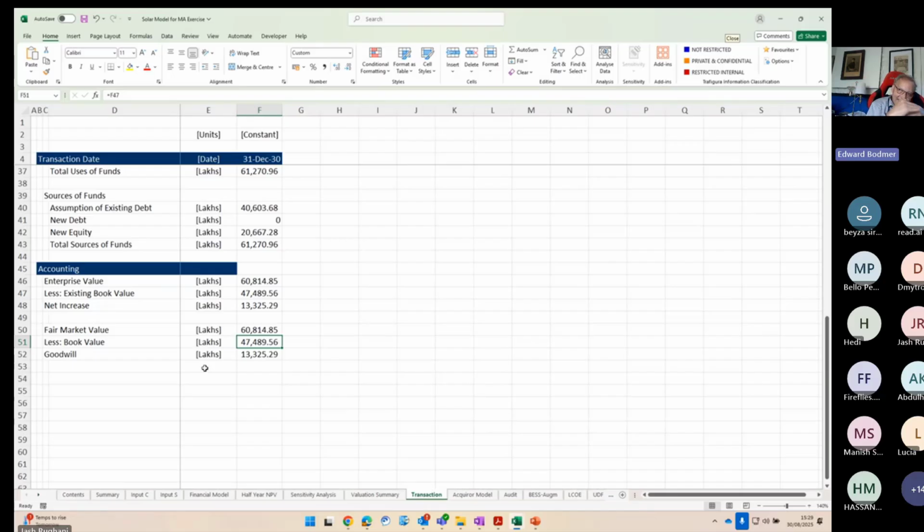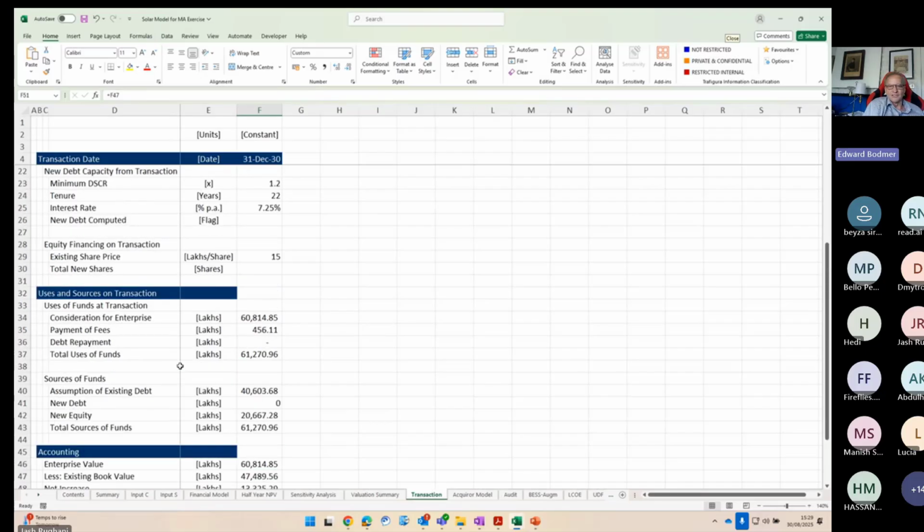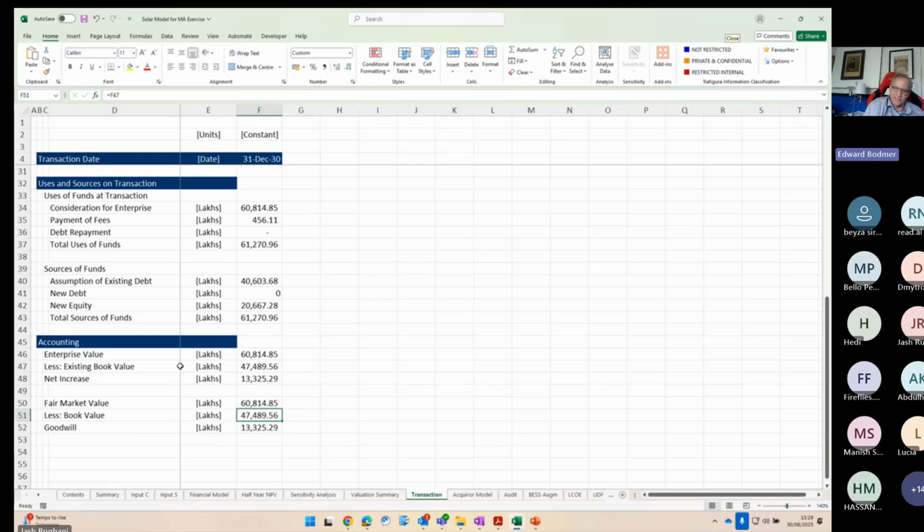If you're buying assets, that's based on the tax rules, and then you get a write-up in the depreciation. For now, let's leave that alone for a minute and just assume a tax-free transaction and look at some book accounting. So go to the acquirer model.